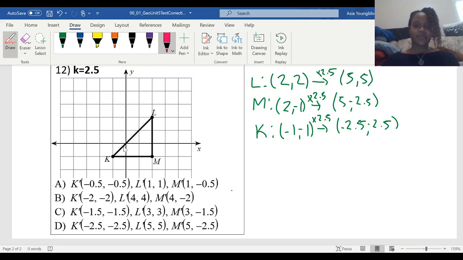So we're going to plot these points in the coordinate plane. 5, 5: right 5, up 5. M is right 5, down 2.5. And K is left 2.5, down 2.5.